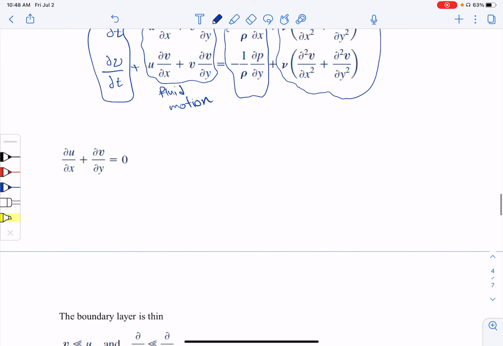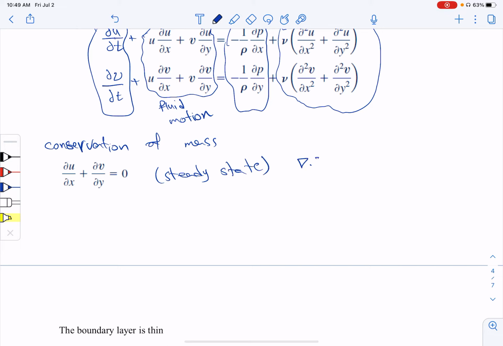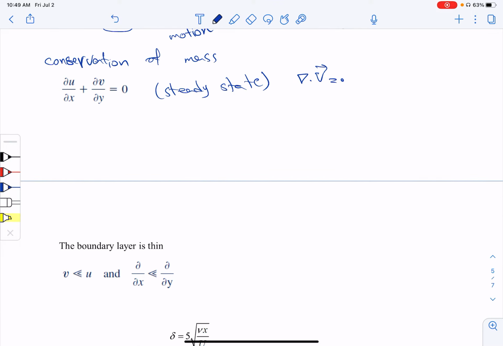So also if we consider the conservation of mass, and because it's a steady state, we can say that del V is 0, right? And also we consider that v is really less than u, and so dx is really less than dy, right?